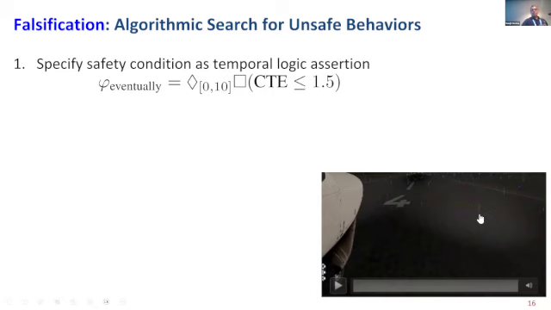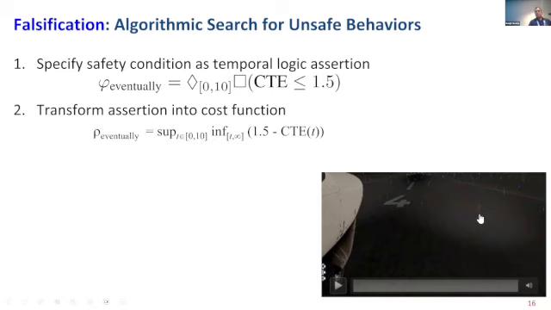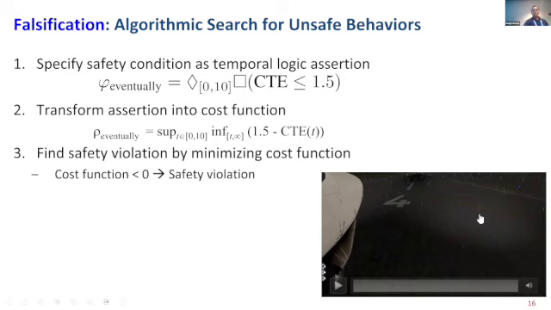Okay, and so what falsification does is it takes that logic property and turns it into a cost function, and the cost function is then minimized. Okay, and if you're able to drive the value of the cost function below 0, that corresponds to a violation of safety. That corresponds to an unsafe execution.